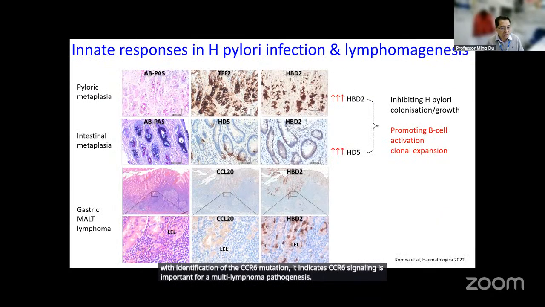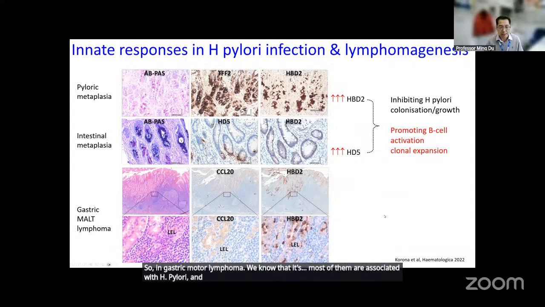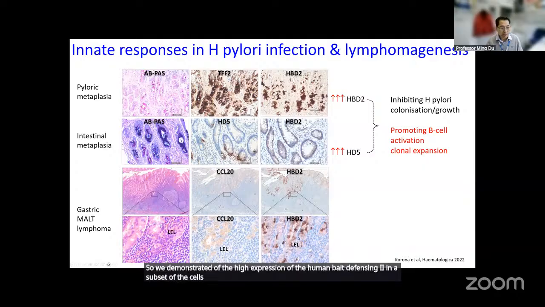In gastric MALT lymphoma, we know most cases are associated with chronic H. pylori infection. There are two types of metaplasia: pyloric metaplasia and intestinal metaplasia. We demonstrated high expression of human beta defensin 2 in a subset of cells undergoing pyloric metaplasia.